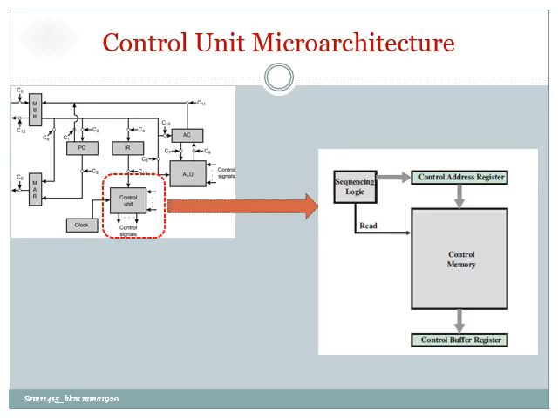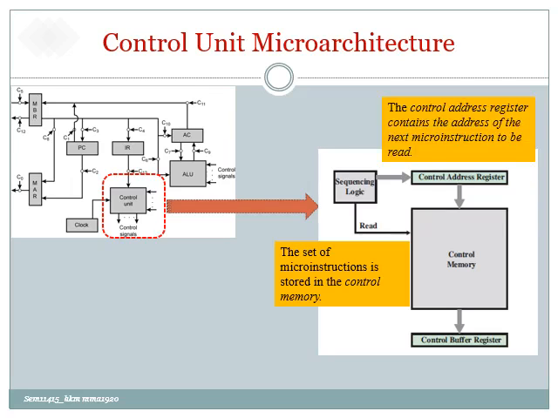What is actually in the control unit? We have more components. In the middle, the big one, is the control memory, with all those routines. They are the set of micro instructions, and they are stored in control memory. Next, the input into the control memory is the control address register.